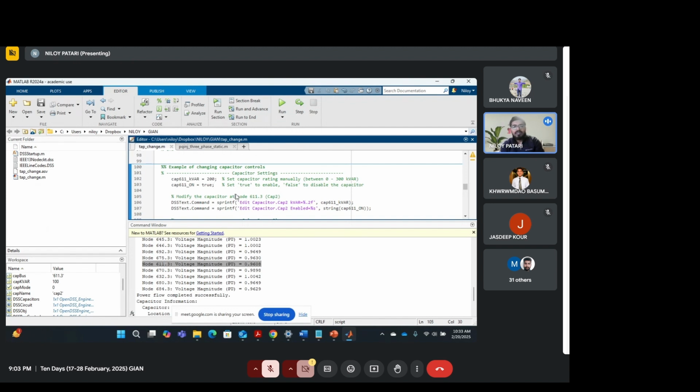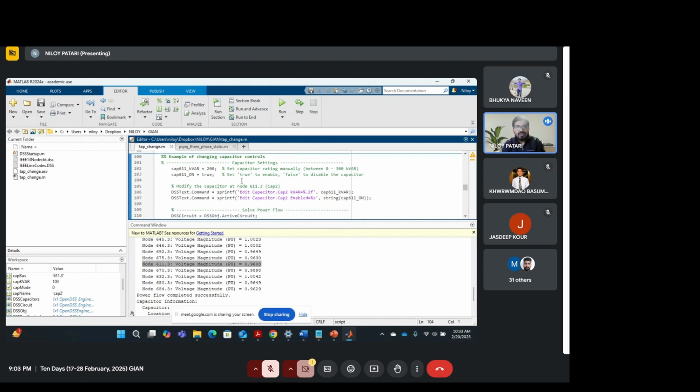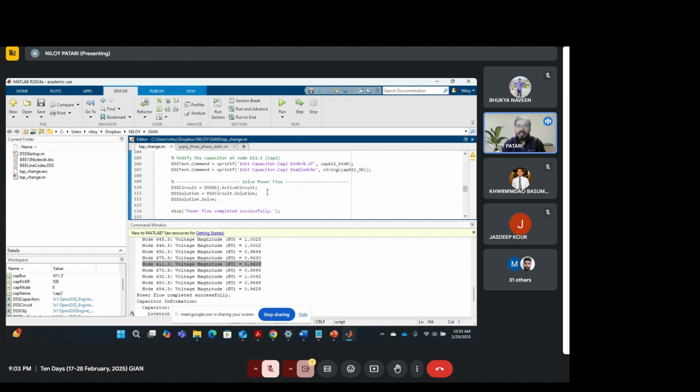So let's just try that. What I'm doing here is setting a new set point, say 200 kVA, and the capacitor on is true, meaning the switch is on, and then I'm putting in the DSS text command. So it is editing that capacitor value and editing the status of the capacitor in OpenDSS. So this is what it means.